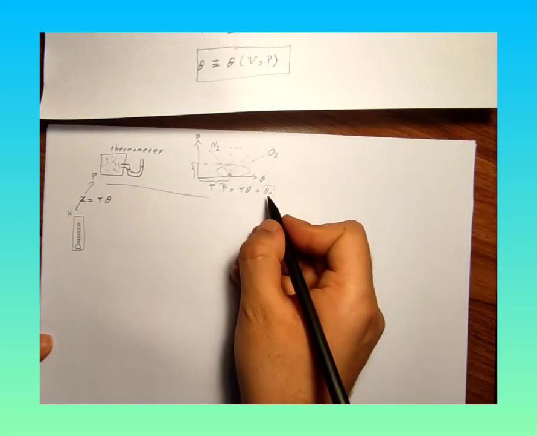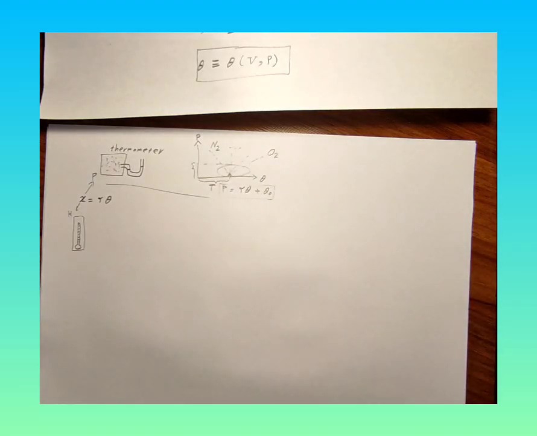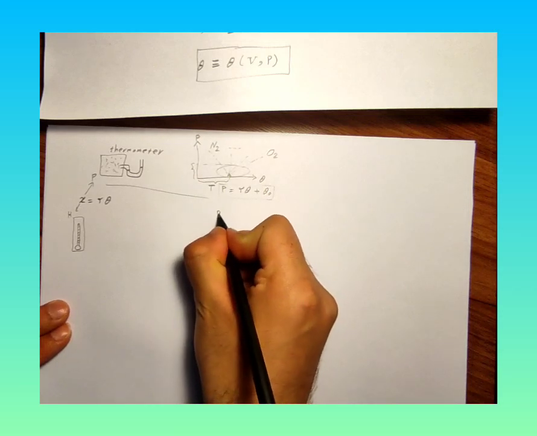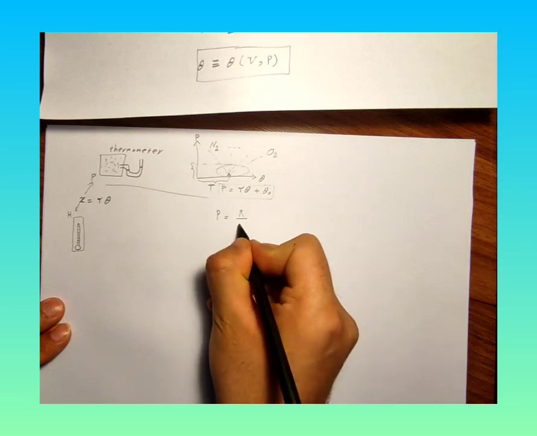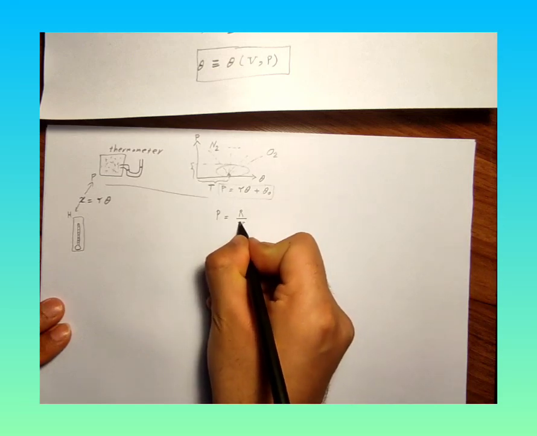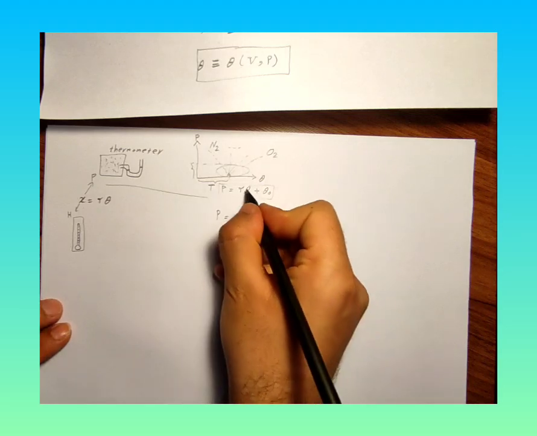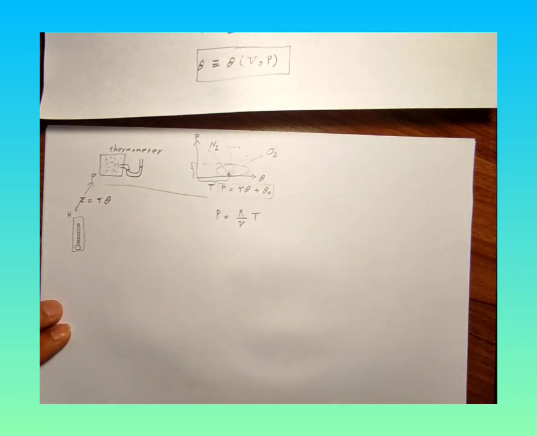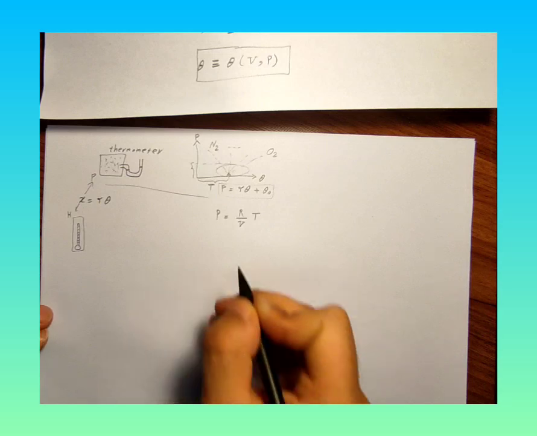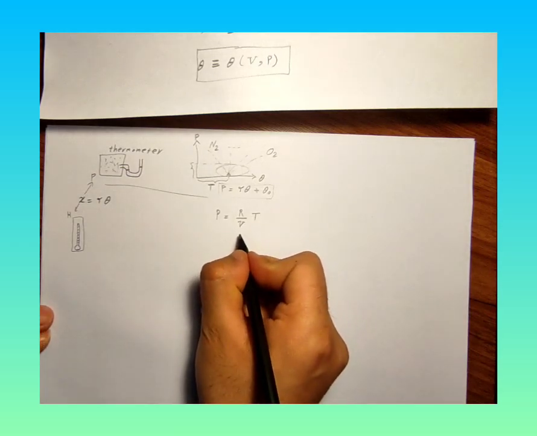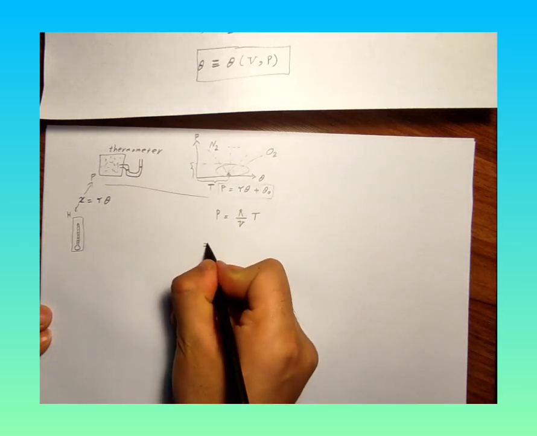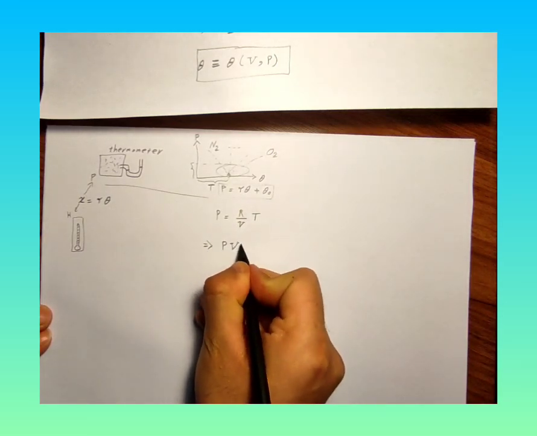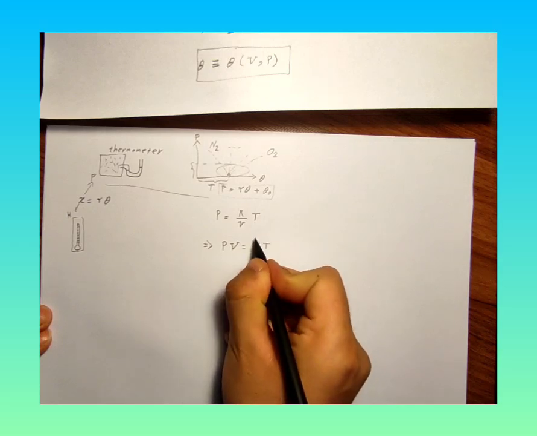If we put theta 0 equal to 273 or something like this, we will have P equal to a constant which is R divided by V, times theta, and theta is now T. Okay, remember V is V divided by N, but we use V everywhere. So we have PV equal to RT.